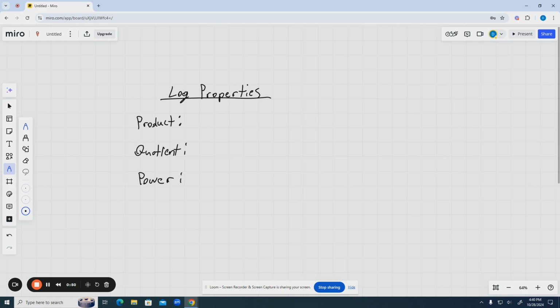The product rule for logarithms says that when you have log a of x plus log a of y, this is the same thing as log a of x times y. When there are two logs with the same base, and you have to remember they both have to have the same base, and they're added together, it's the same thing as saying they're multiplied together.